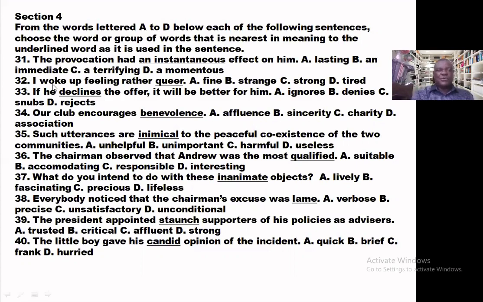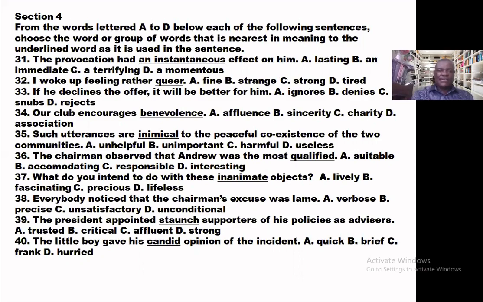Number 32, I woke up feeling rather queer. Something queer is unusual, is strange. All right, so A, fine, no. B, strange, that's quite correct. C, strong, no. D, tired, no. Number 33, if he declines the offer, when you decline something, you refuse or you reject, you say no to it, you disagree.